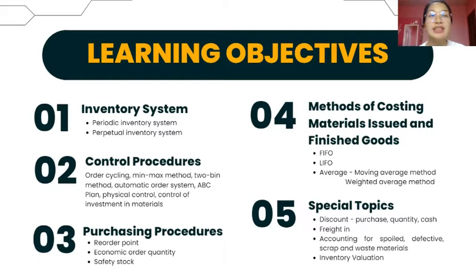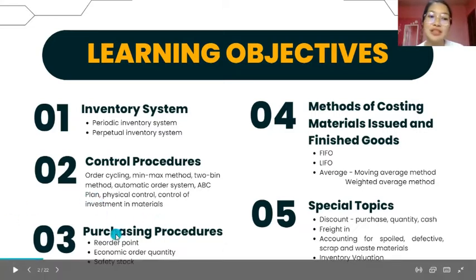And actually, there are many, but for this chapter, they have identified five. Okay, it depends on the type of business you are running. And next, we will also talk about purchasing procedures.